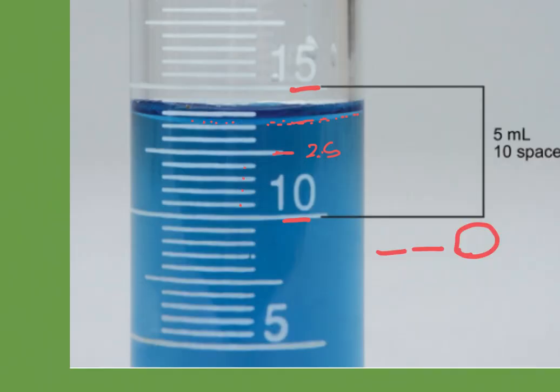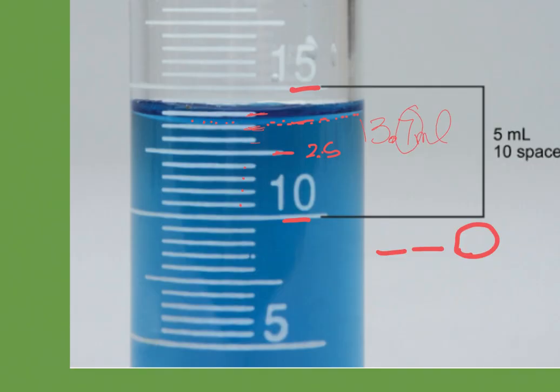And then this would be 12.5, that'd be 13, 13.5, that would be 14. So we know it's somewhere between 13.5 and 14. And we're going to estimate this, and this curve looks a little bit closer to the 13.5. So I would probably say that this is 13.7 milliliters.